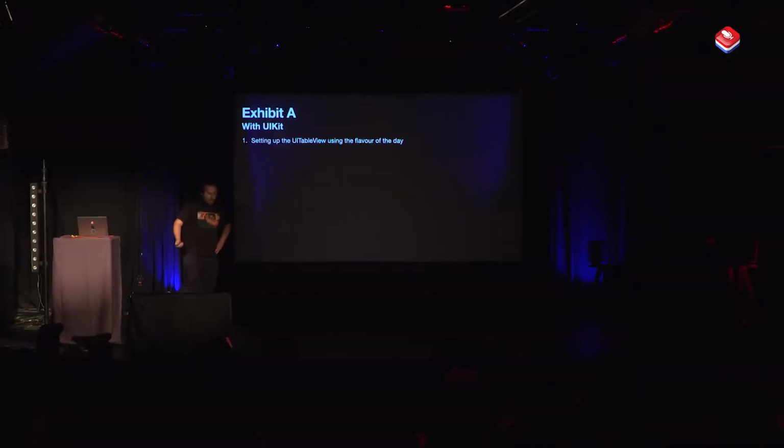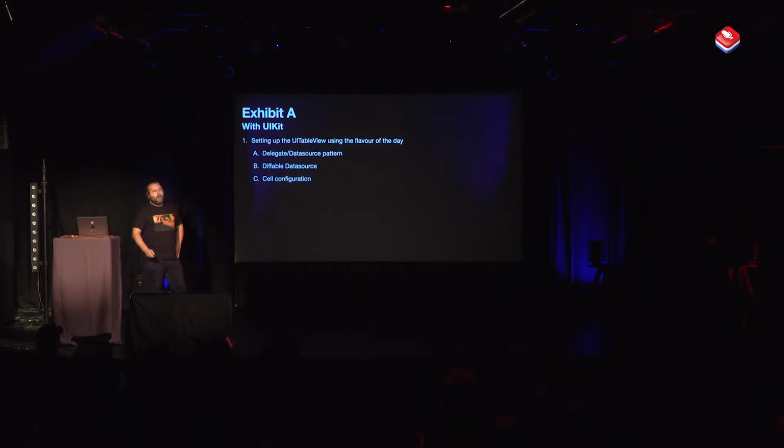It happened to me for 10 years, and actually that's not true. Since SwiftUI, it didn't happen to me, but yeah, you're like, maybe I should have used UI collection view. So with UIKit, what do you do for that? You're setting up your nice UI table view using the flavor of the day. Maybe it's the delegate data source pattern. Maybe it's diffable data source. Maybe this new thing with cell configuration.